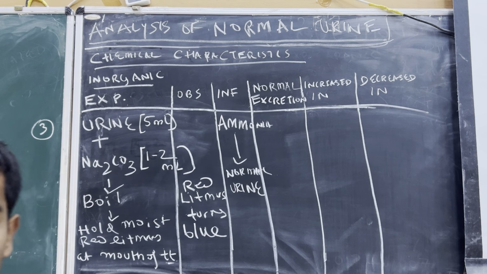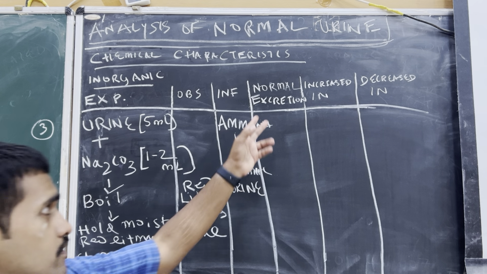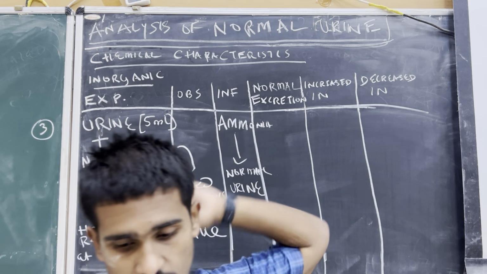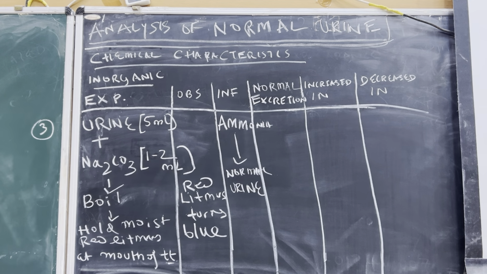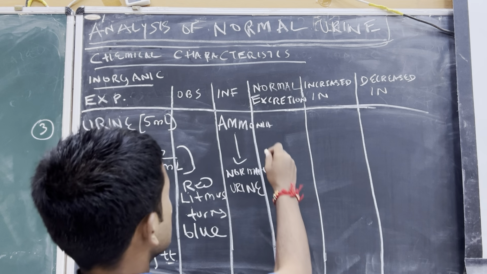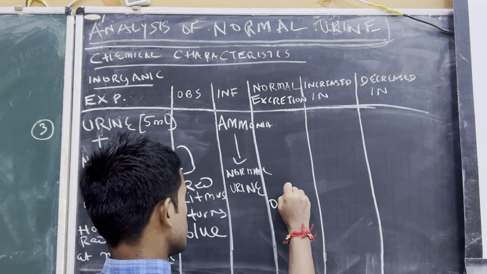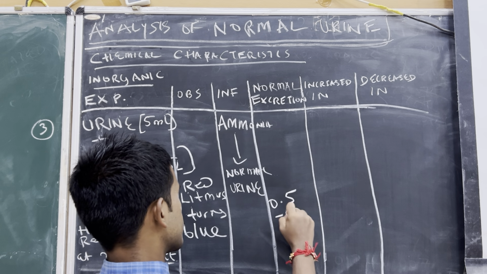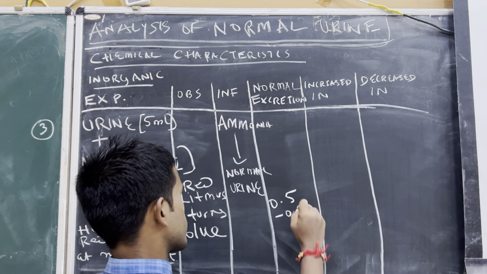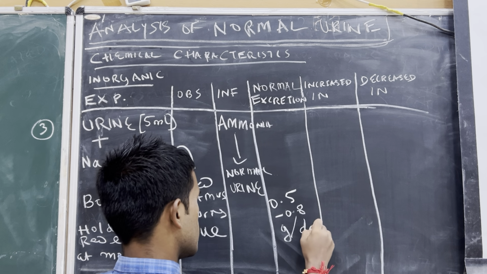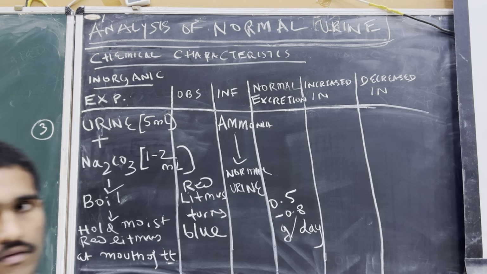Now talking about the viva parts which are commonly asked. What is the normal excretion and which conditions increased, which conditions decreased. So normal excretion is approximately 0.5 to 0.8 grams per day.